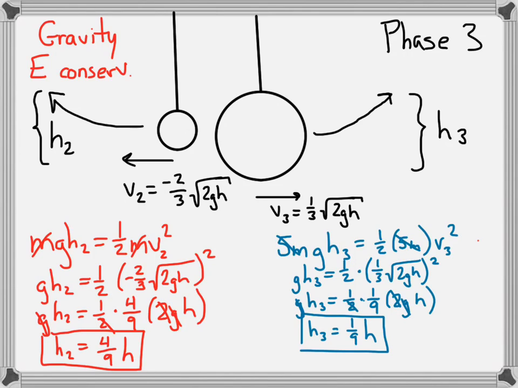Okay, and I do the same process, and it's going to turn out that h3 is 1/9 of the original height that this little ball was at. And that makes sense, since this is a big mass, it's probably not going to move up very far. Okay, so those are the heights of the two balls. That's part B.